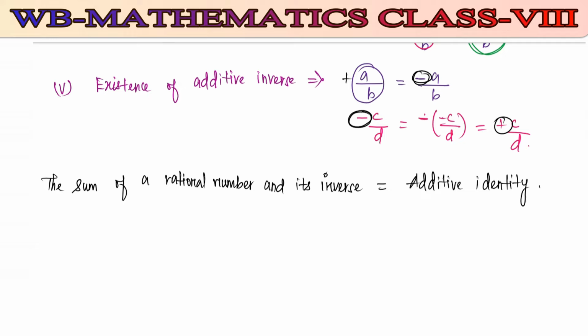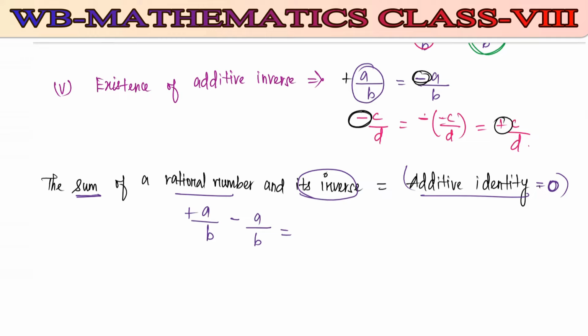Here I can take an example: a rational number a by b and its inverse, which is the negative of this number, minus a by b. Finally you will get the additive identity, which is equal to 0. So a by b and minus a by b both get cancelled, and the answer remains 0. So this is added to this property.